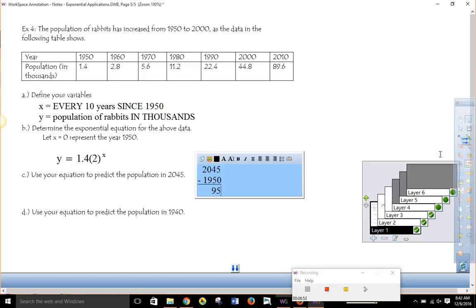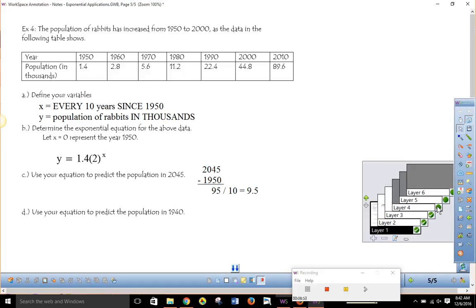But 95 is not what we're putting into our equation because it's every 10 years. So how many 10 years is 95? Well, you need to divide that 95 by 10, which will give you 9.5. Okay, so that's where this equation is coming from. So 1.4 times 2 to the 9.5 decades.